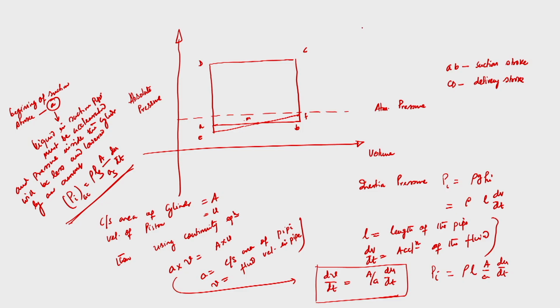That pressure rise, which I am calling C G, will be equal to rho Ld A by Ad du dt.